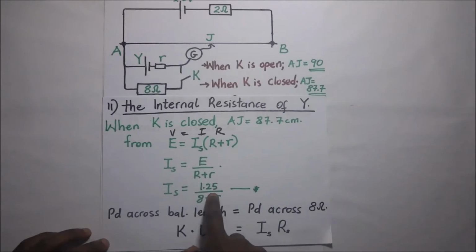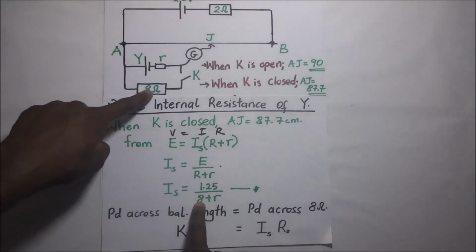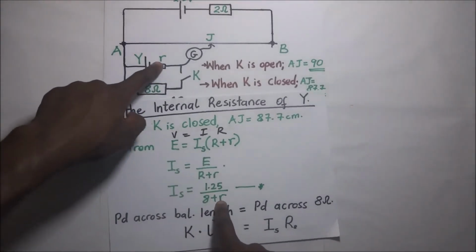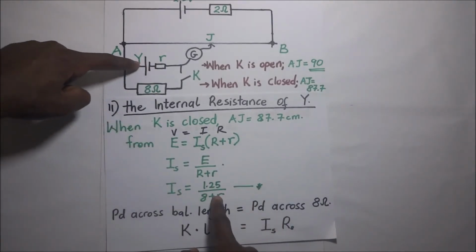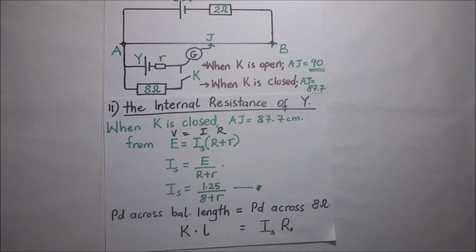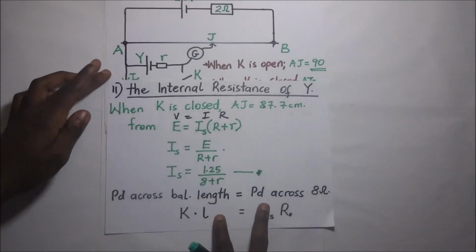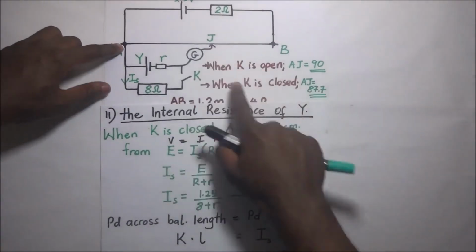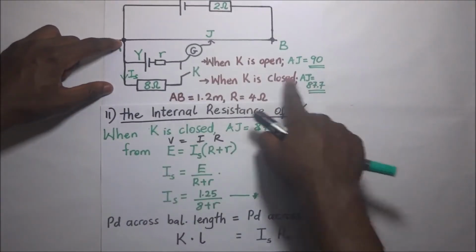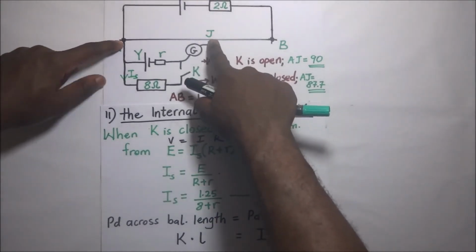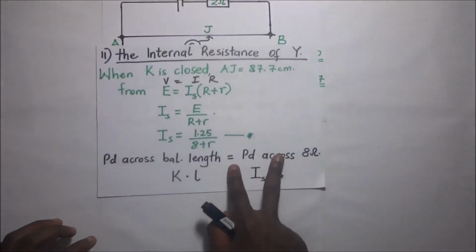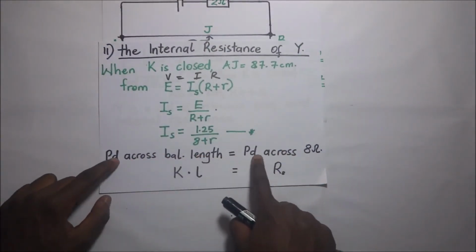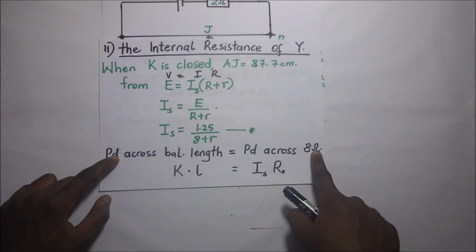So it's 1.25 divided by R, capital R, which is 8 ohms, plus the internal resistance r, which we're looking for. This is an expression for the current being produced and going through the 8 ohm resistor. We know that the PD across the balance length when K is closed, which is 87.3, the potential difference across that portion of the wire, is equal to the PD across the 8 ohm resistor.